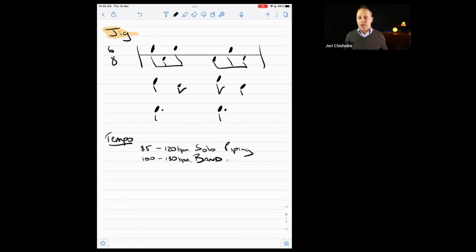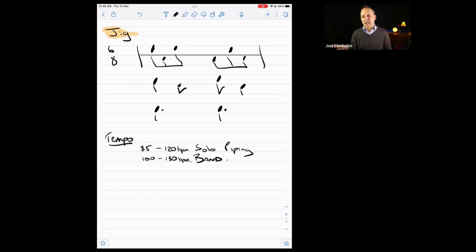If you're hearing a type of tune and you want to try to identify what it is, if it's a pibroch or a slow air, you can pretty much determine that based on the tempo. Then, does it feel like about the tempo of a marching tune, or does it feel faster than that? If it's faster, then it's going to be one of our dance tunes.